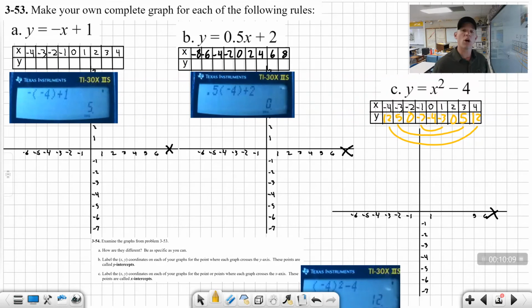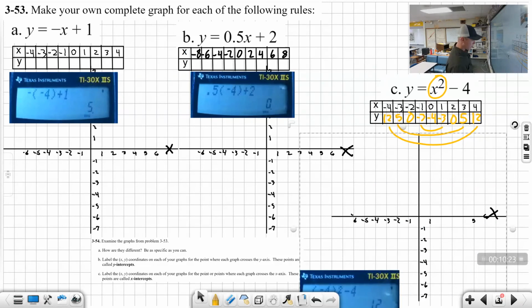Okay? This is called a parabola. Okay? A parabola is something that is created because of this exponent. And when I graph this, I know some of my numbers got erased. That's okay. Okay? And when I go ahead and graph this, I'm going to have negative 3 comma 5, negative 1, negative 3.